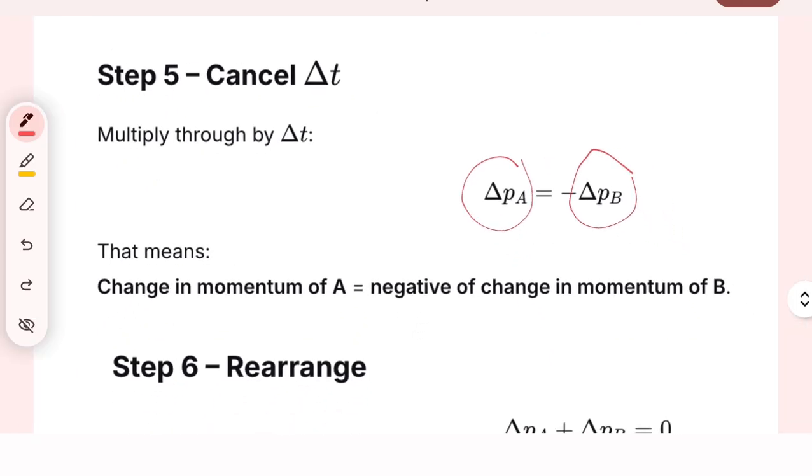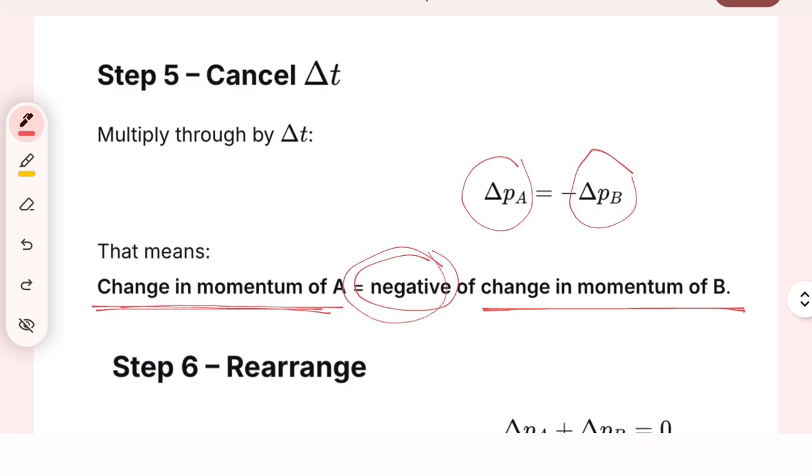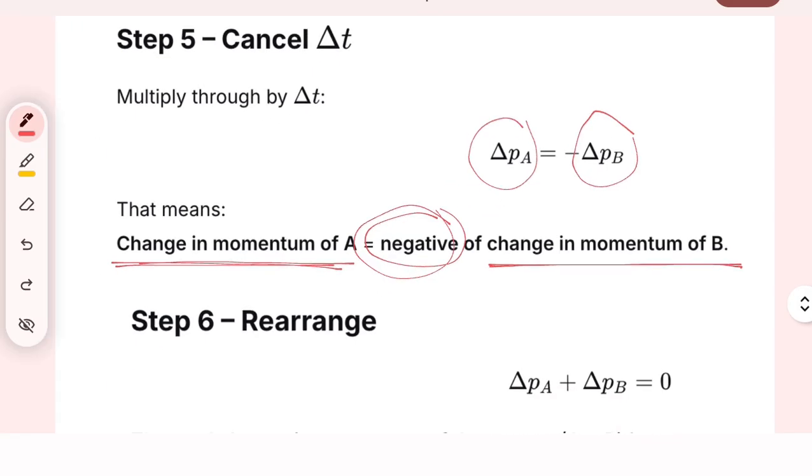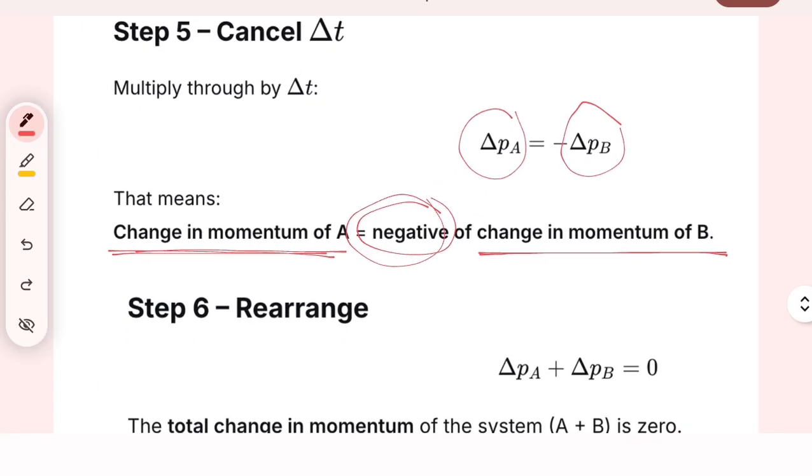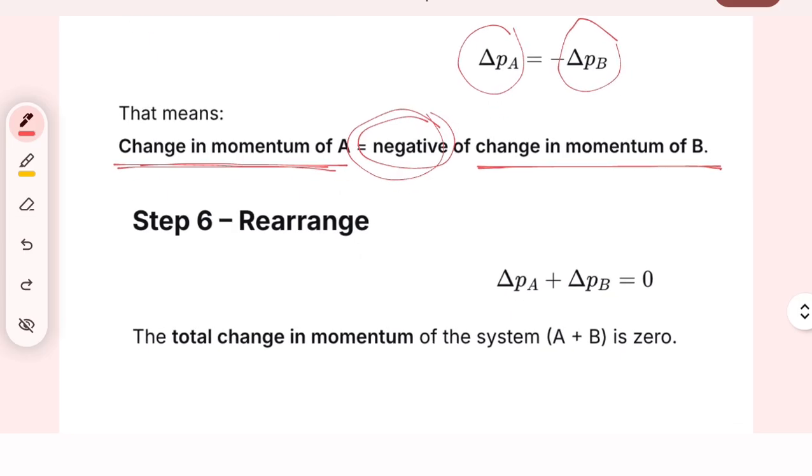That means that the change of the momentum in A is equal to the change of the momentum in B, but with a negative sign. That means in the opposite direction, so it counteracts the other force.